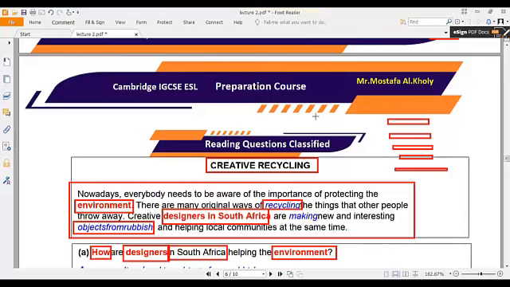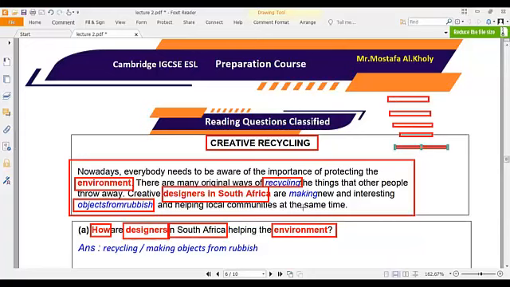Question 2 follows it. Question 3 follows it. 4 maybe in paragraph 3. 5 maybe in paragraph 4. So the answers to the questions are in the text in order, and you won't need to keep going around searching inside the text. Okay? And this is a way that makes it easier for you to get the answer. This is step 2. Step 3.